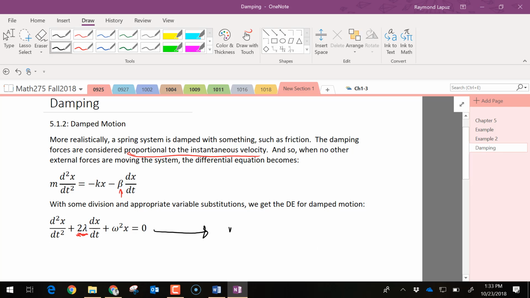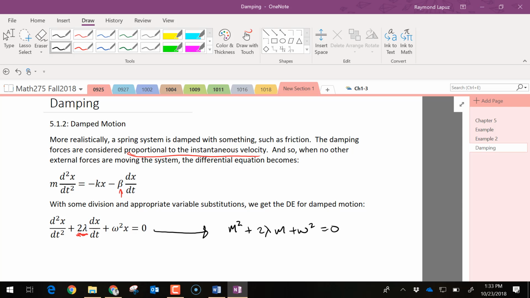So if we write this as our auxiliary equation, we have m squared plus 2 lambda m plus omega squared is equal to 0. And then we figure out what happens to this particular differential equation by figuring out what happens to the solution to this quadratic equation.